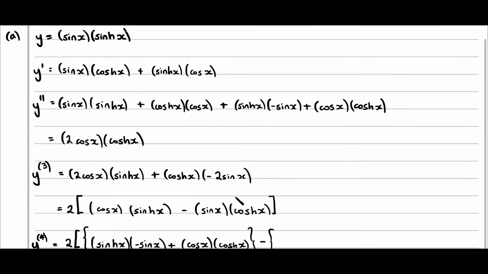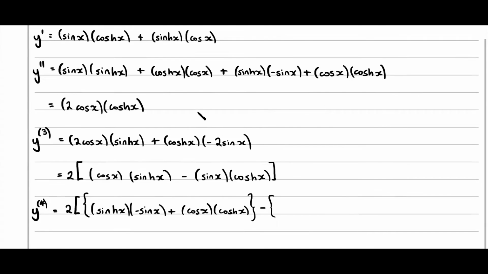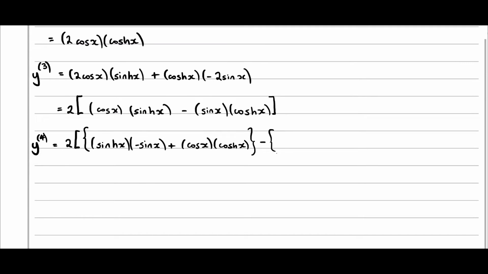So sin x multiplied by cos x, we found that derivative to be sin x sin x plus cos x cos x. So we subtract off sin x multiplied by sin hx plus cos x lots of cos x.